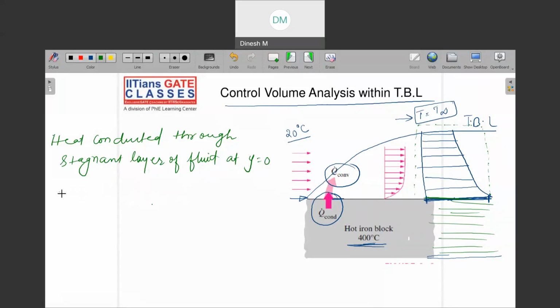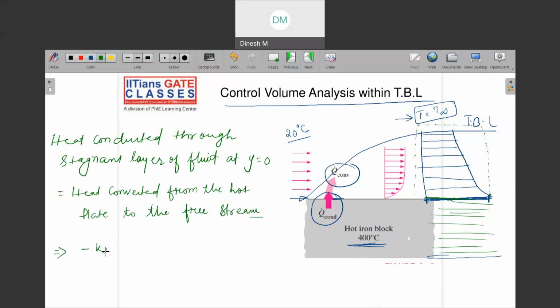This will be equal to heat convected from the hot plate to the free stream. So now what I can do is that I have minus of kf into dA by dt.